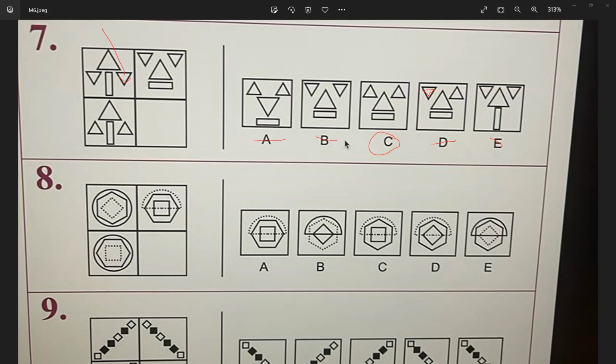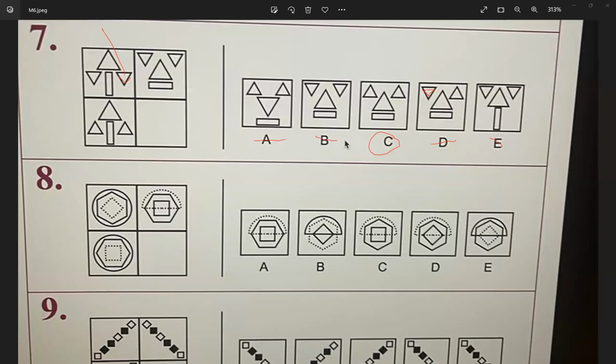So also, what types of lines are there. The shape in the middle, its lines will change into the opposite. So it'll change into the solid line.